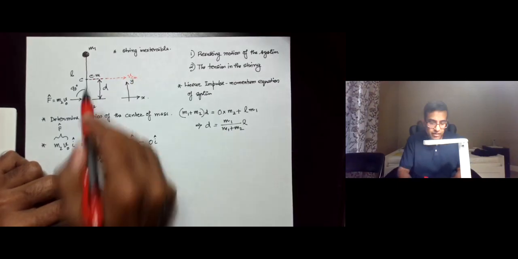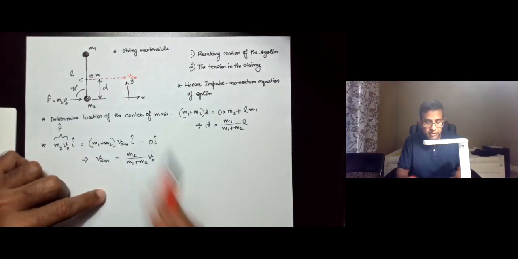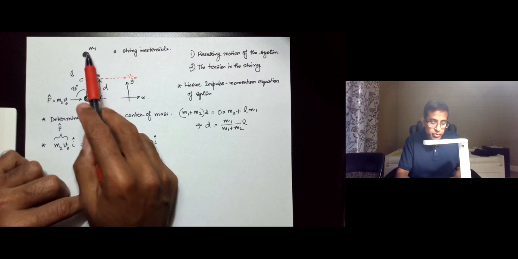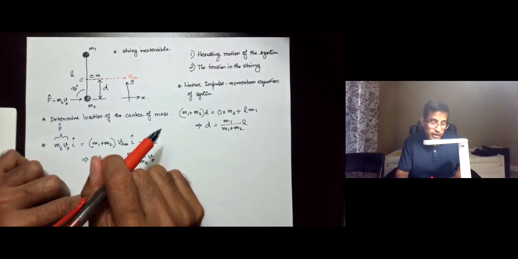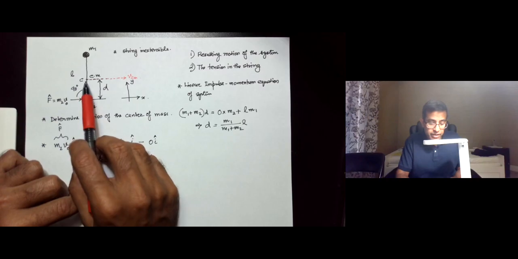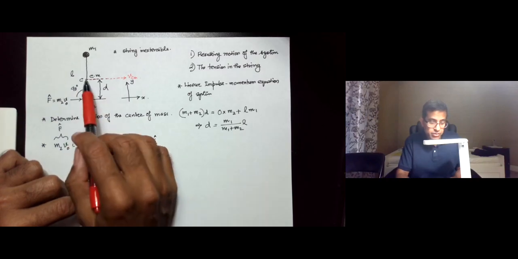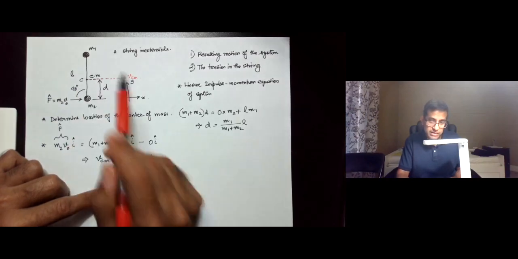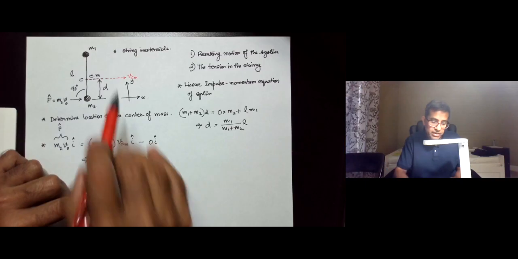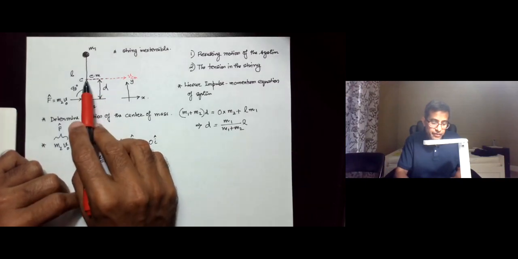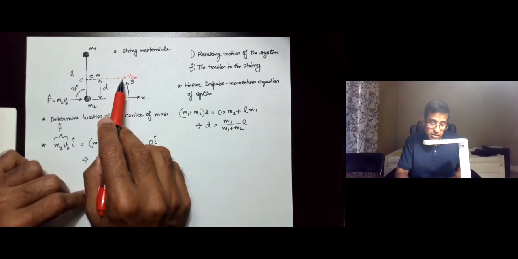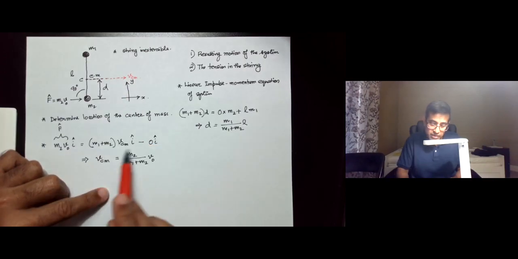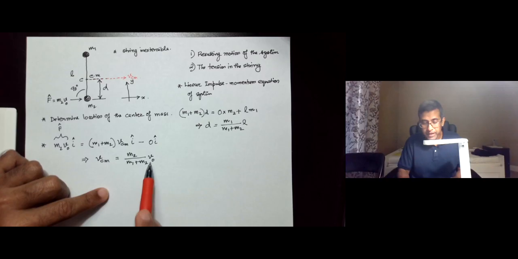So it doesn't matter how these individual masses move. There can be translation, there can be rotation about the center of mass, but whatever happens, the center of mass will keep moving in the x direction with that constant velocity of m2 divided by (m1 plus m2) times v naught.